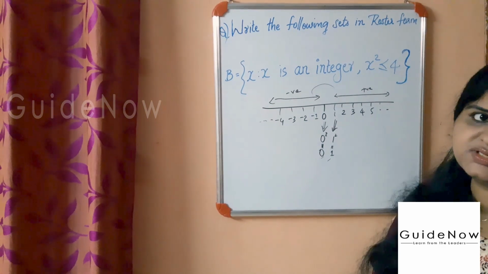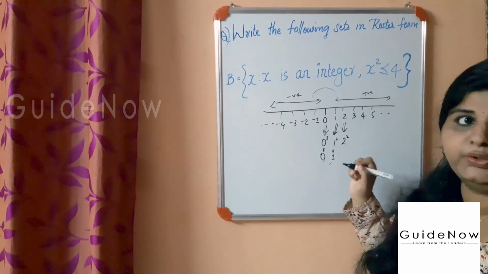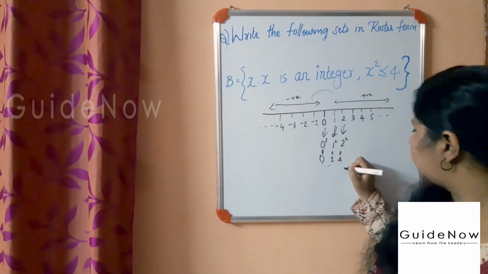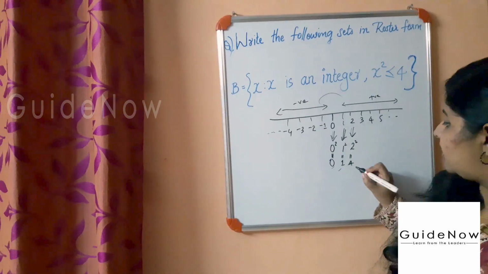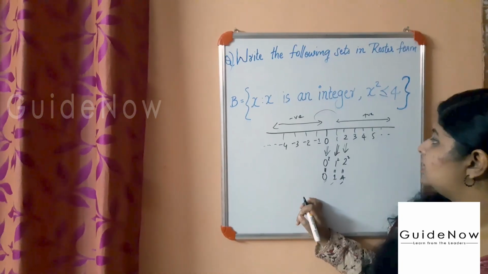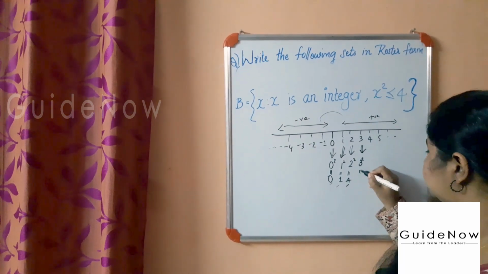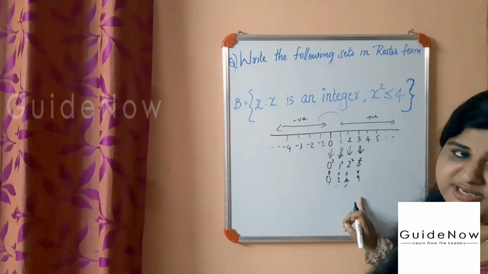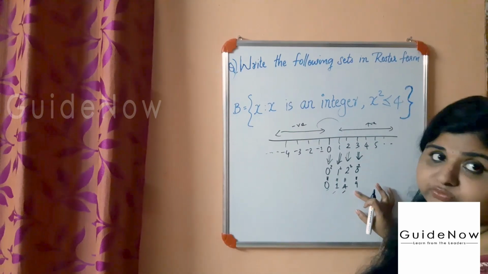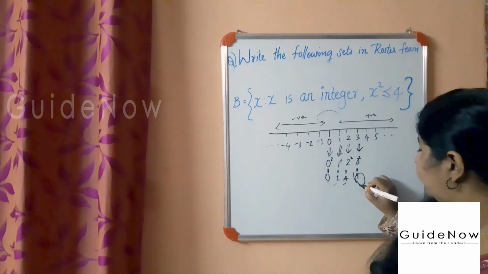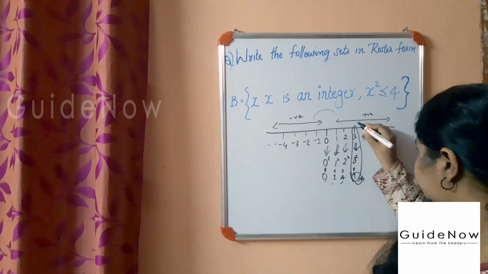What is 2 square? 2 into 2 equals 4, and the condition x square less than or equal to 4 is also satisfied. Next, 3. 3 square is equal to 9, which is greater than 4, so the condition is not satisfied.